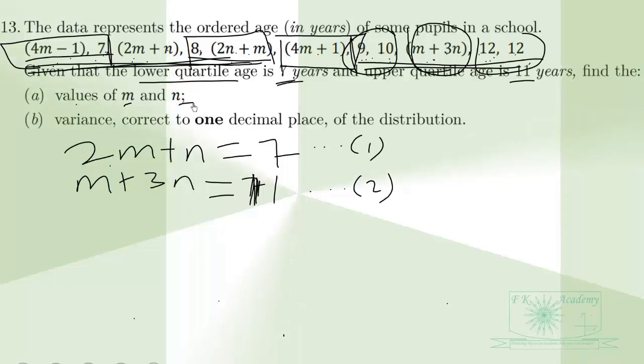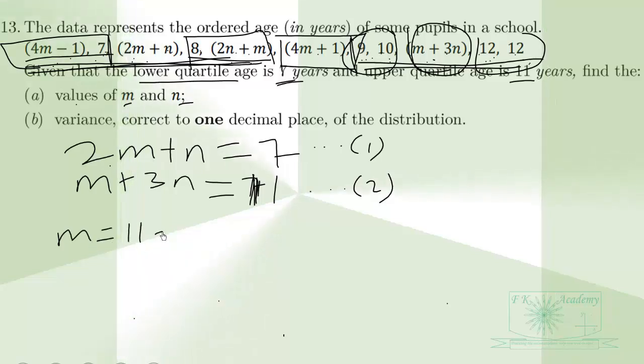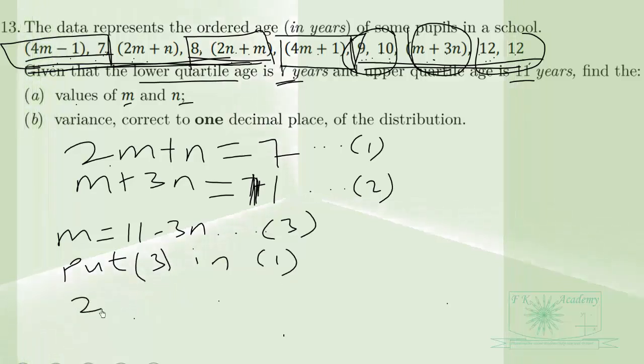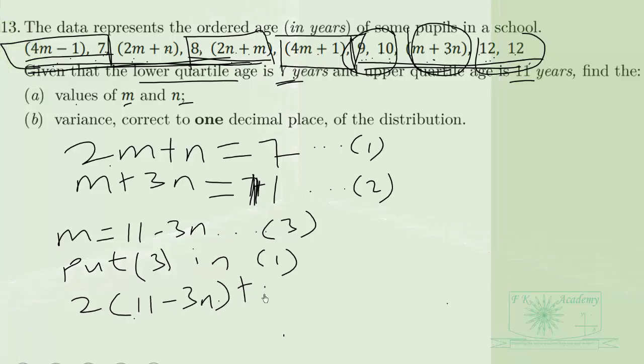So let's solve that. Let me make m the subject in equation 2. So m will be equal to 11 minus 3n. I can call this equation 3. I can put equation 3 in equation 1. So I'm going to get 2 into bracket 11 minus 3n plus n is equal to 7.